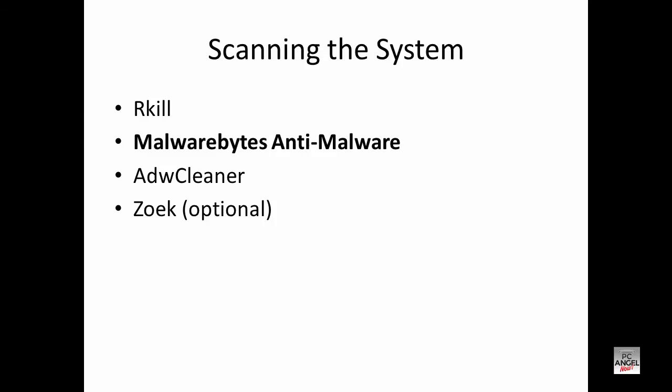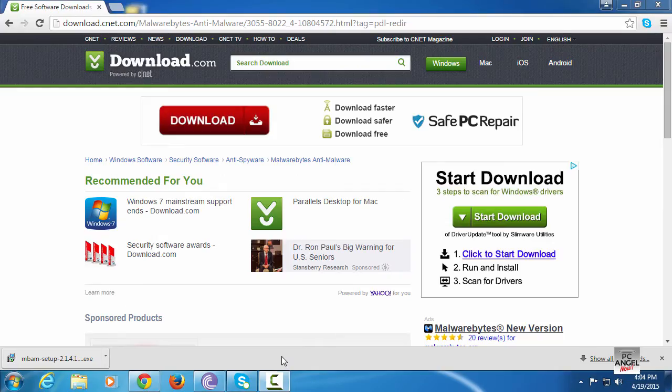I'm now going to use Malwarebytes anti-malware to do a full system scan. Using the link below, I've downloaded Malwarebytes. To install it, just run the executable and follow the prompts.